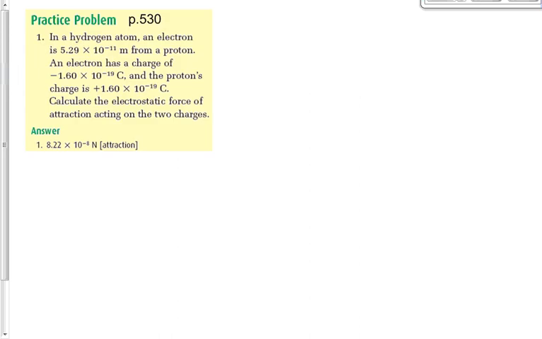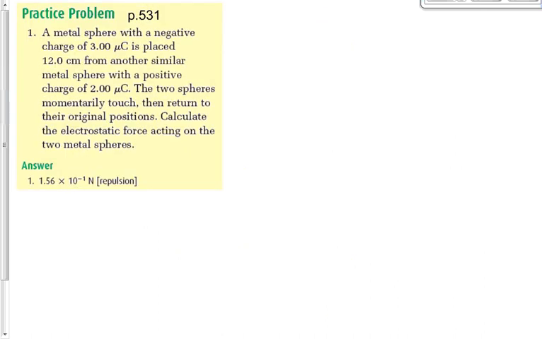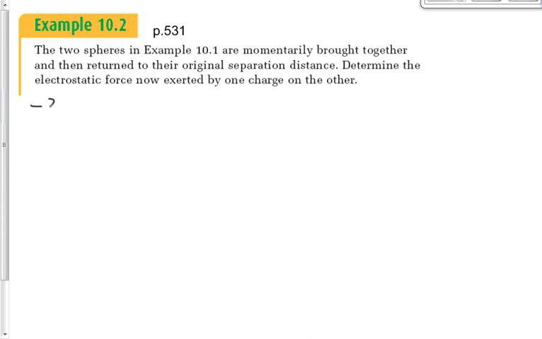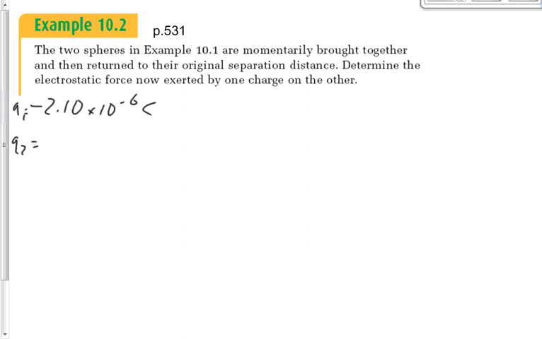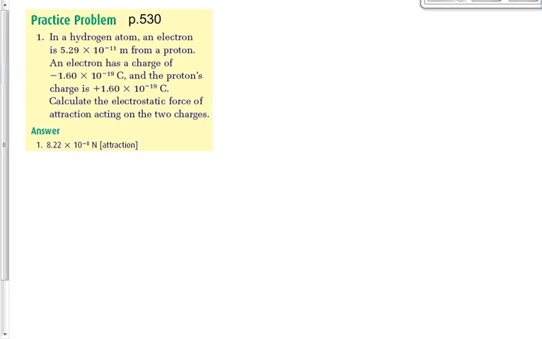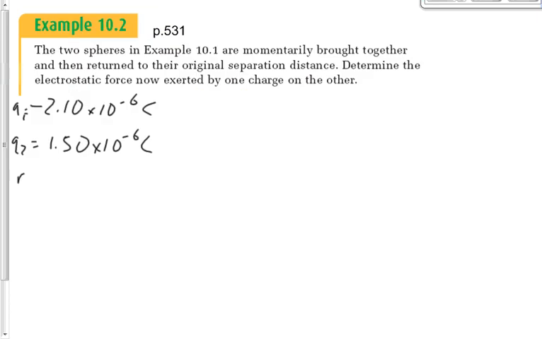We had the example: negative 2.10 times 10 to the minus 6. That was Q1. Q2 was positive 1.50 times 10 to the minus 6. And the distance that separated them was 0.0330 meters.